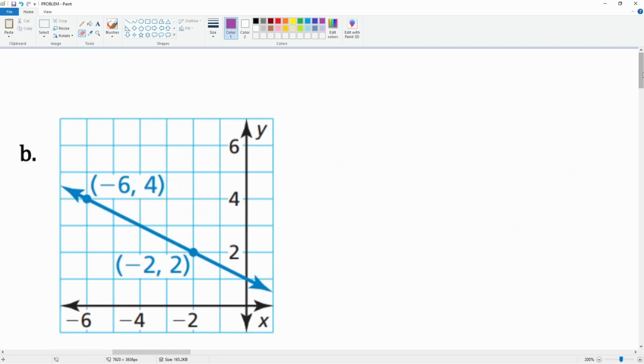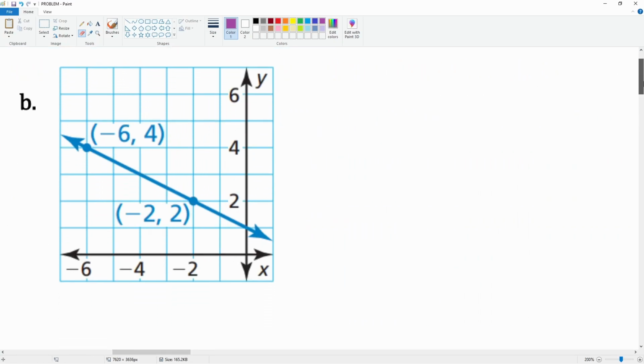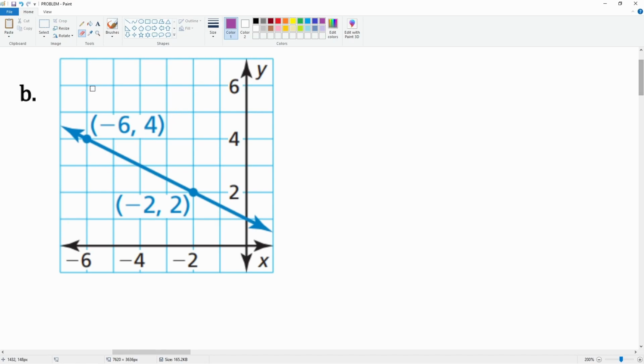Let's take a look at b here. We still need to write it in the equation y equals mx plus b. The two parts that we need are our slope, which is m, and our y-intercept, which is b. So let's figure this out.